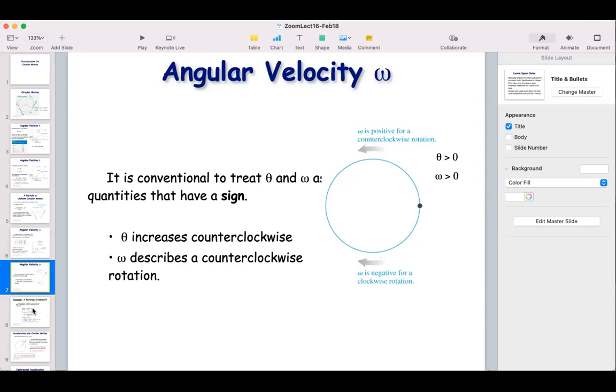So if it says negative theta, you know that you move from this position down here. This is also the convention we use in trig class, right? Yes. Positive theta increases this way, negative theta that way. And we're going to use the same sign convention for all rotational quantities, like torque, for example.